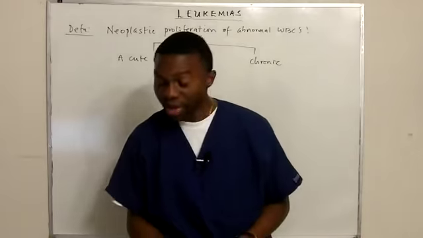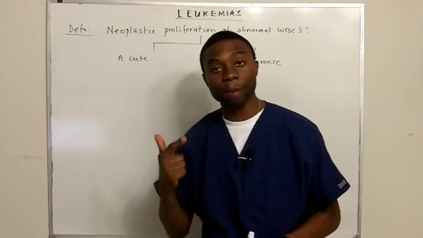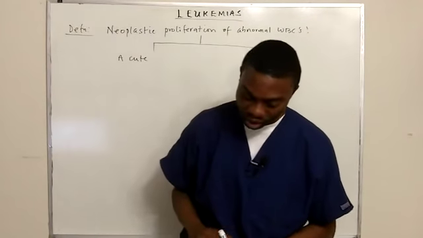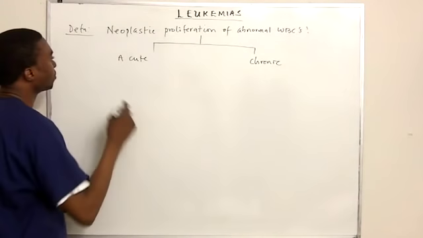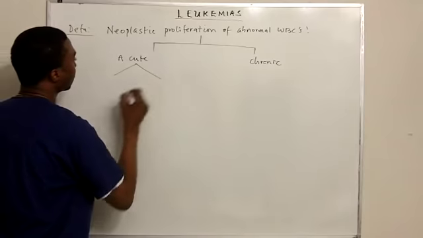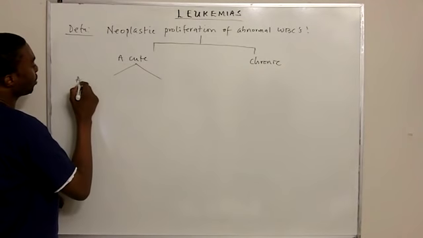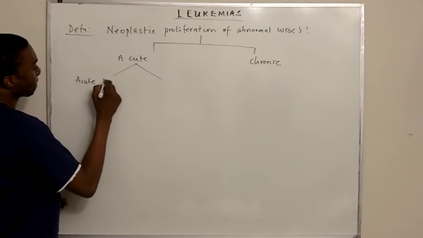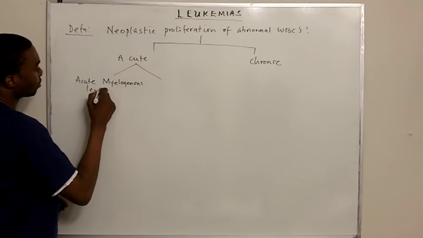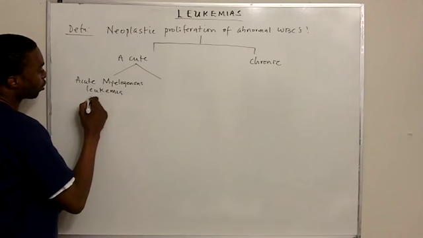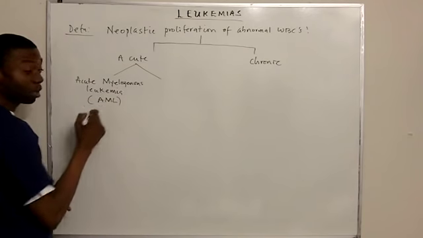Well, if the granulocytes or the monocytes are affected, we call that myelogenous leukemia. So we can have acute myelogenous leukemia, also known as AML.